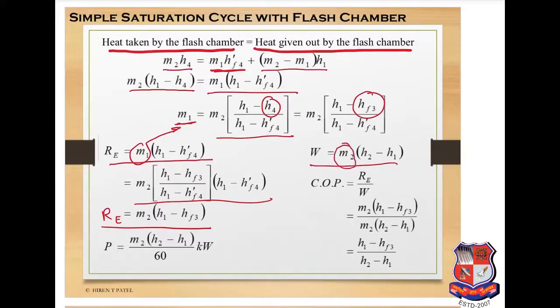Remember, in work done we have to take m2 because the compressor has to work with the whole amount of refrigerant, while inside the evaporator only m1 mass is transferred. So in refrigerating effect only m1 is there, and for work done m2 is there.